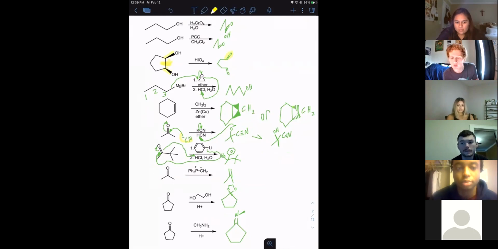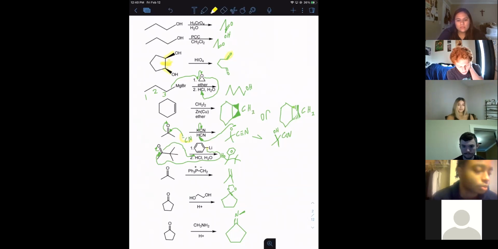When you're using these metals, don't think about steric hindrance as something that's a problem. This is literally like a circle punching into a nucleophilic or electrophilic site on a carbonyl. And yeah, so that's that. Not too much more to say there. Do you guys have any questions there?